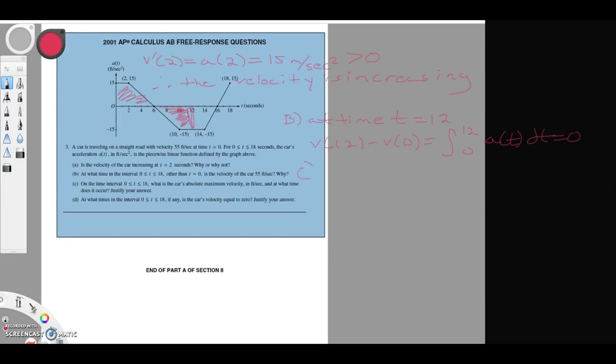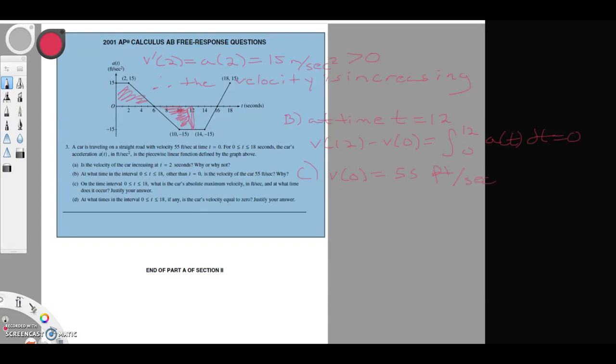Okay, part C says, on what time interval does the car have an absolute max velocity in feet per second, and at what time does it occur? So this has to be an endpoint or where the acceleration changes from positive to negative. So you would justify and say v of 0 equals 55 feet per second.